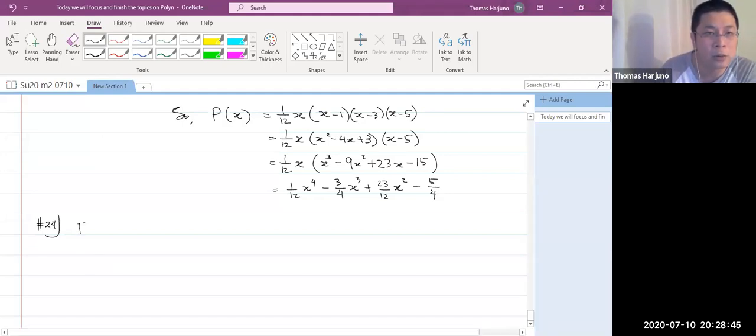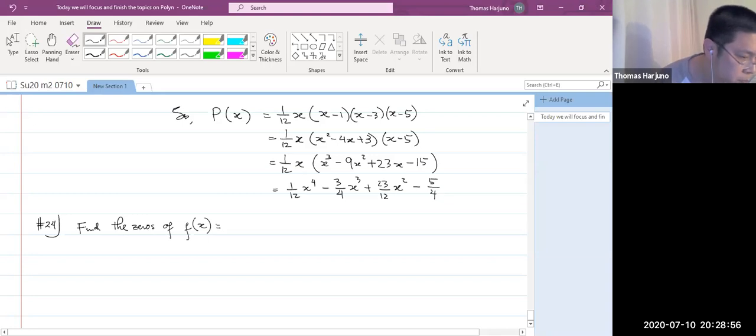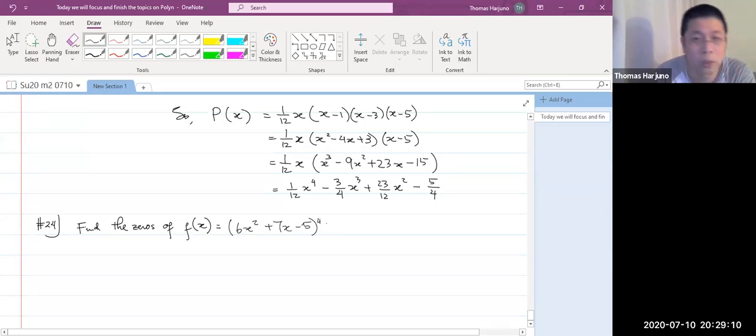Find the zeros of f(x) equal to (6x squared plus 7x minus 5) to the 4th, and then (4x squared minus 1) squared. Seems like we need to factor each one of them.